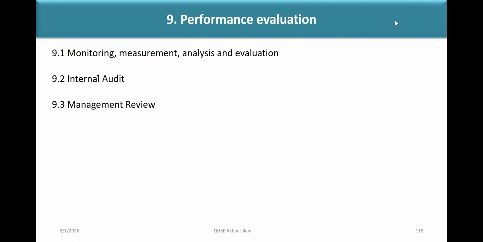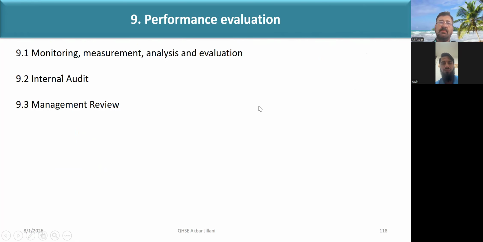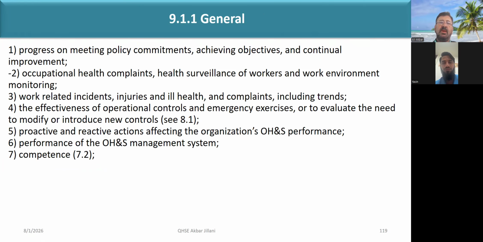When we are talking about subclass 9.1: progress on meeting policy commitment, achieving objectives, and continual improvement, occupational health complaints, health surveillance records of the employees, work-related injuries, and ill health complaints, including trends.